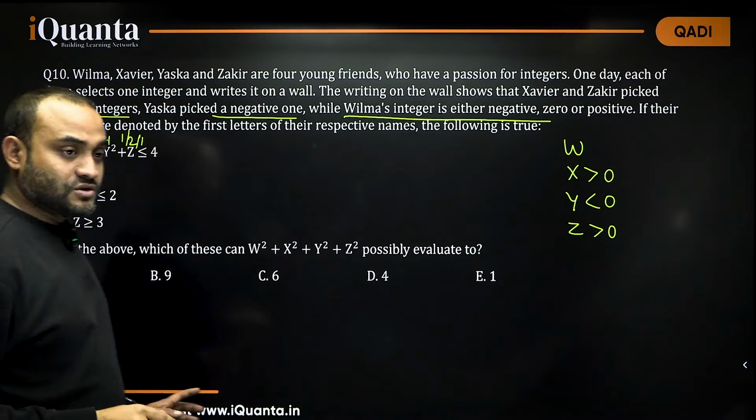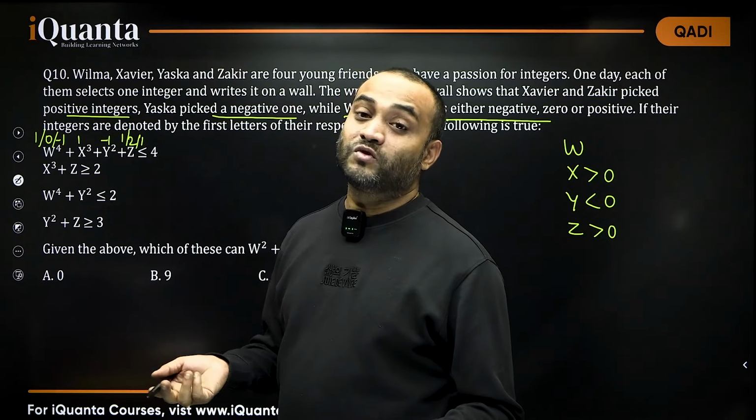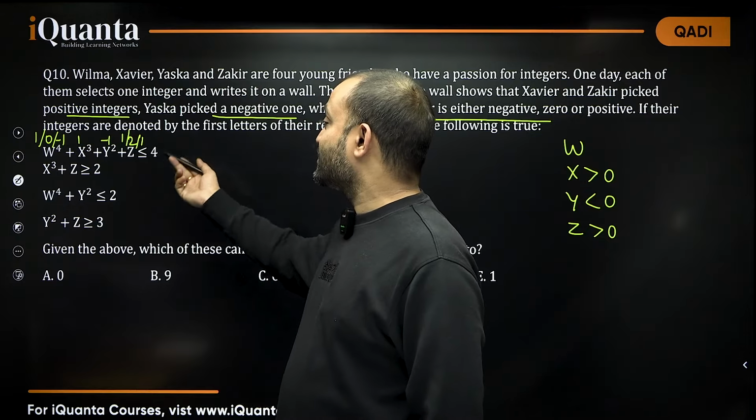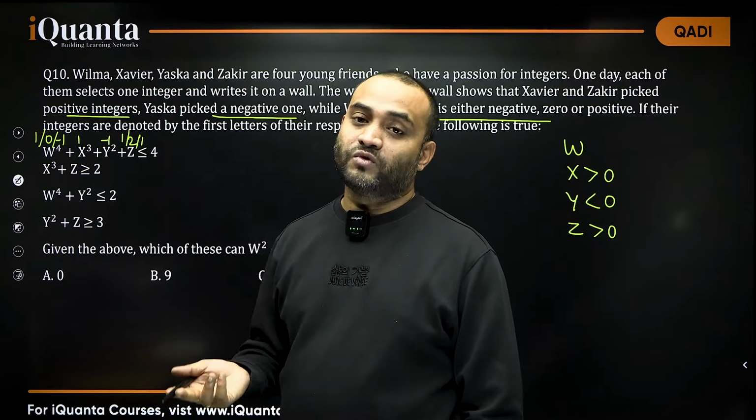So if w is 0, z will be 2, or z could be 1 as well, right? So w could be 1, 0 or -1, and z could be 1, 2. Only when w is 0, z can be 2 or 1.